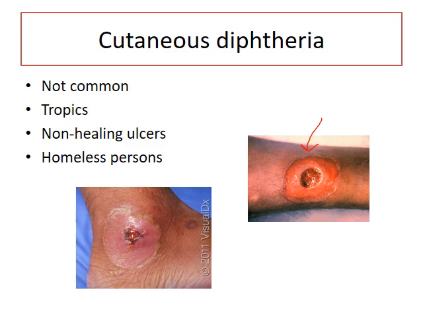The one on the left is not a terrible ulcer, but the one on the right is a pretty well-developed ulcer. We're seeing this more commonly in the Northeast with homeless persons, people who unfortunately don't have the wherewithal to keep the dirt off of them.